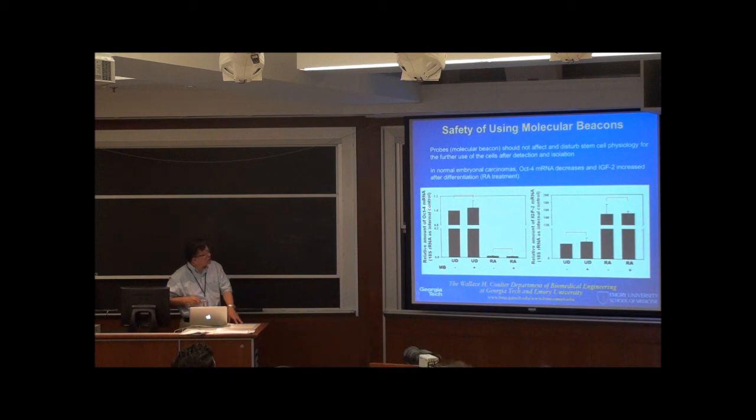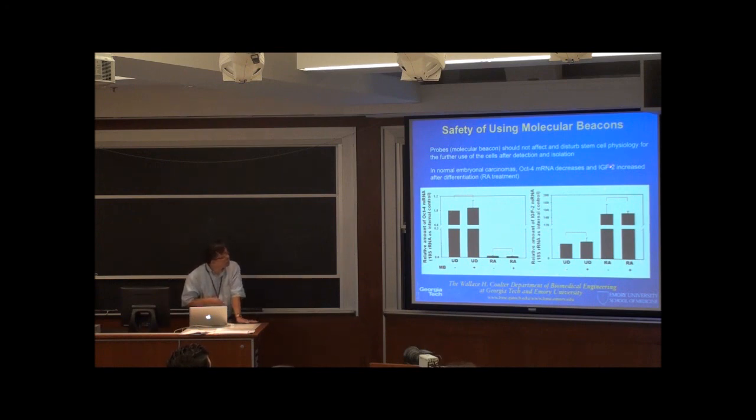Then we measured the messenger RNA level of OCT4, because that's really the beacon target. You see no difference, with beacon or without beacon, before differentiation in stem cells. After differentiation, again, with beacon or without beacon, there's not much difference, essentially the same.